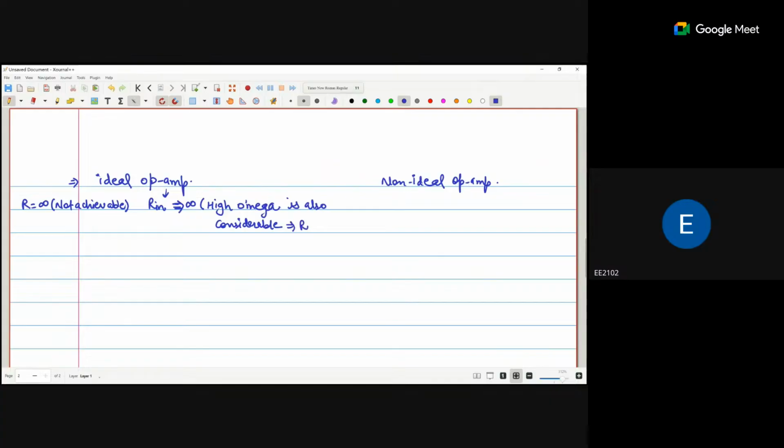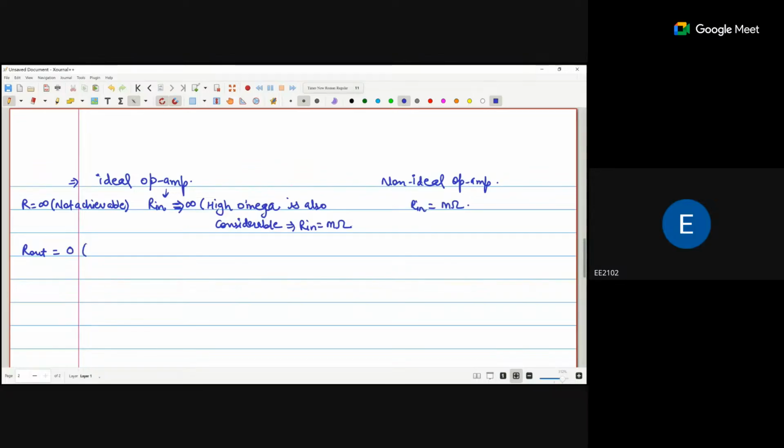For the non-ideal op-amp, R_in is in the mega ohm range. Second scenario, R_out is 0.